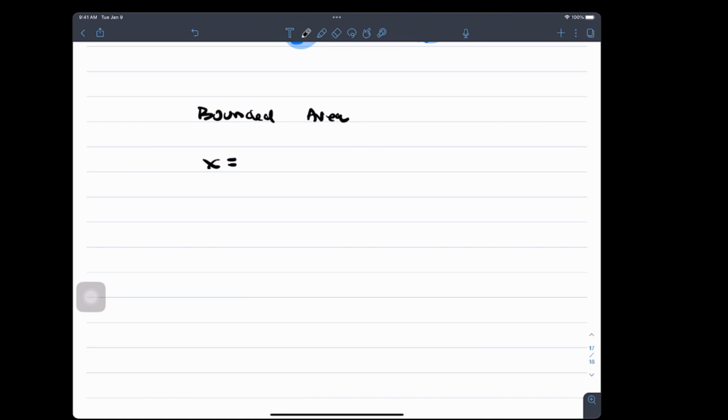X is t minus 1 over t. And then what is your y? t plus 1 over t. Okay, that's kind of a thing there. And they want the line y equals 2.5.